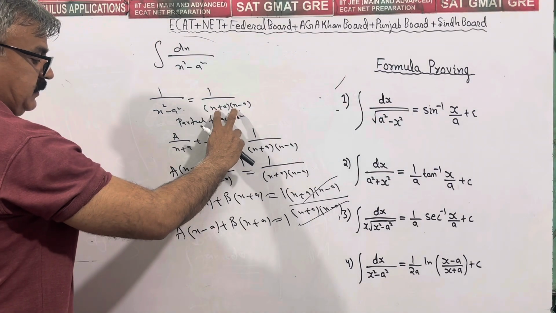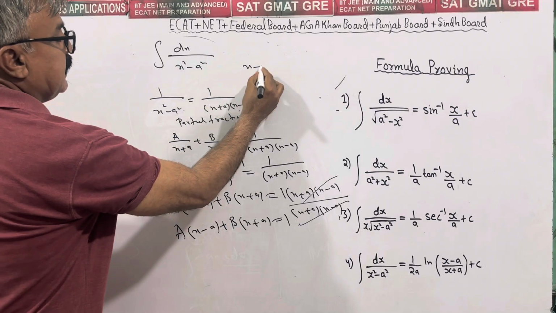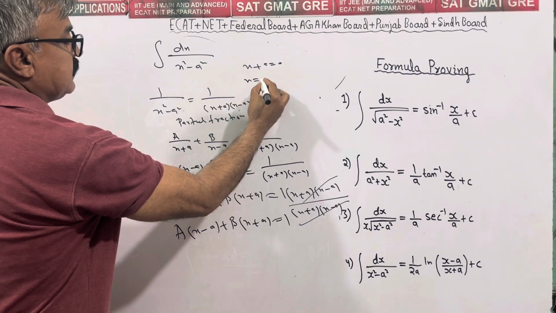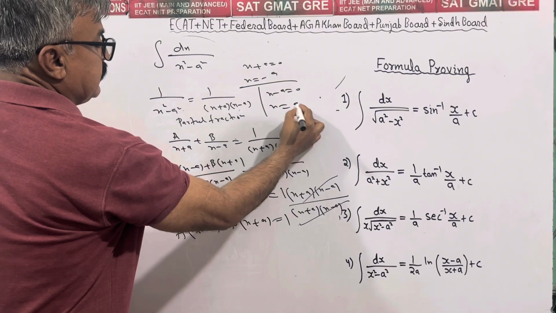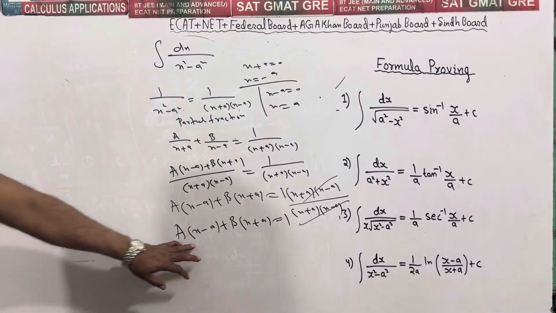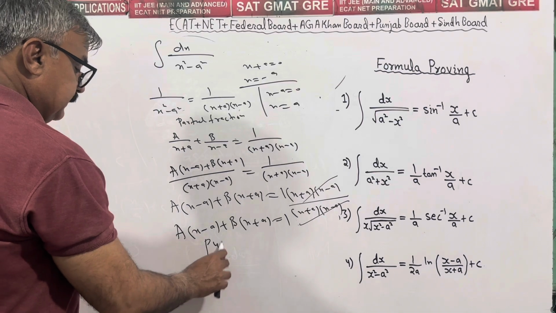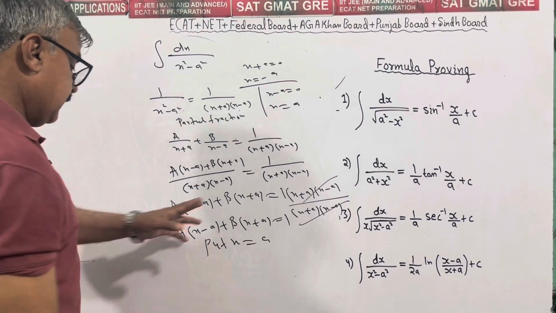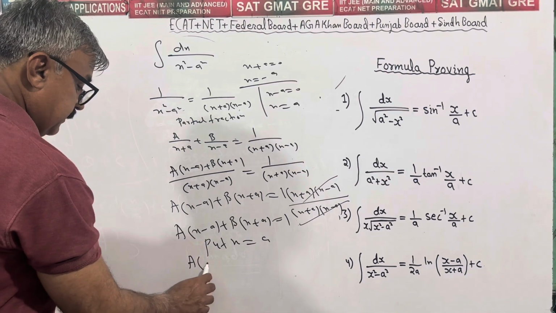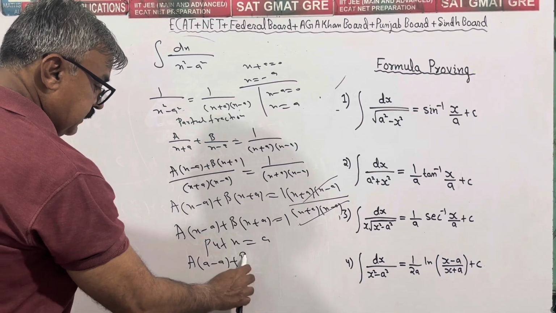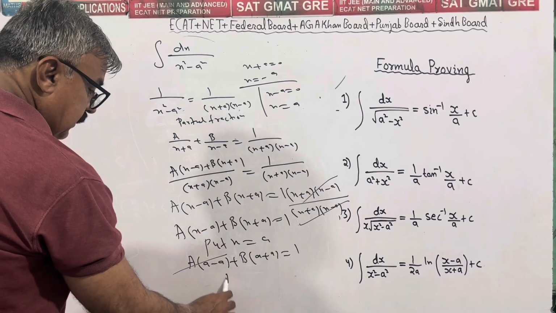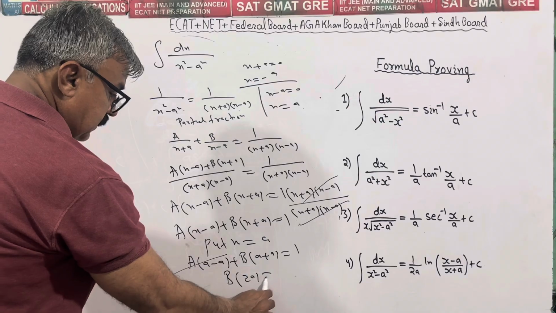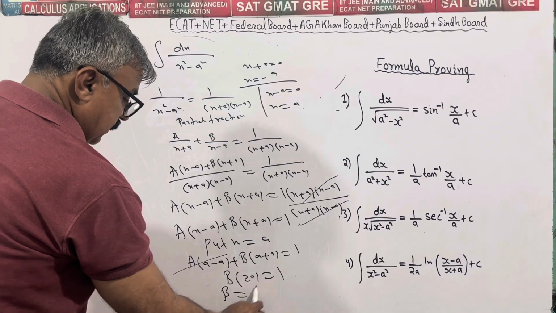Now we have to choose values of x to get the values of capital A and capital B from these two brackets. From x plus a equal to 0, we have x is equal to minus a, and from x minus a equal to 0, x is equal to a. Put x is equal to a: A times a minus a plus B times a plus a is equal to 1. Cancelled out, we have B times 2a is equal to 1. So capital B is equal to 1 over 2a.